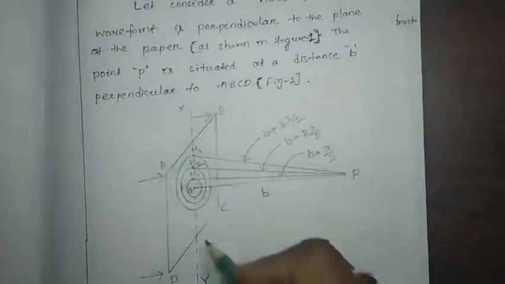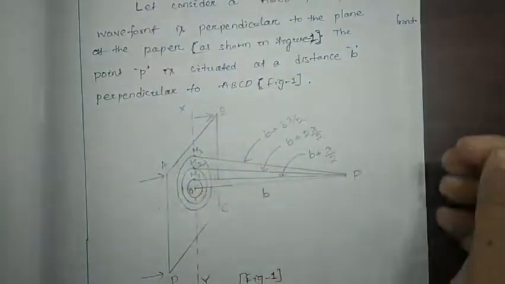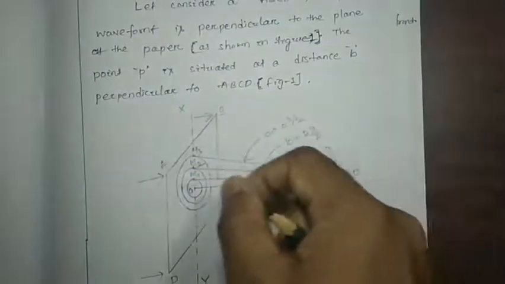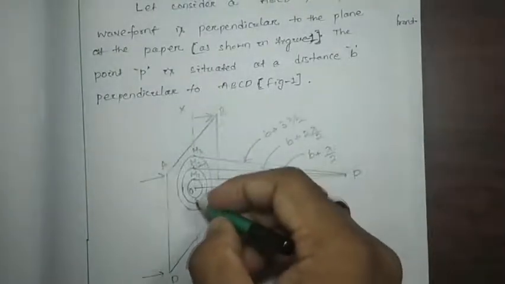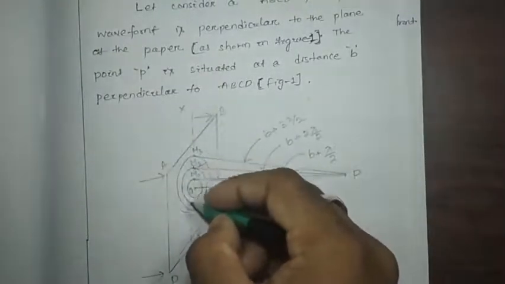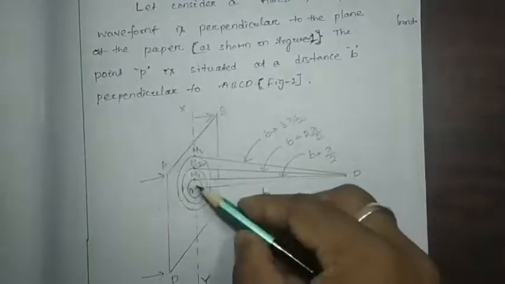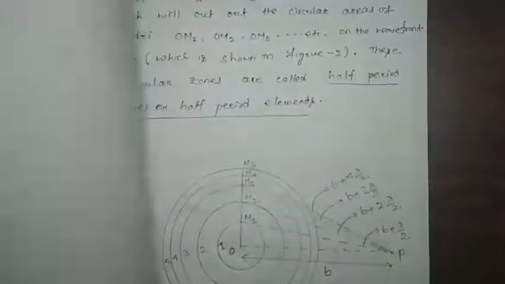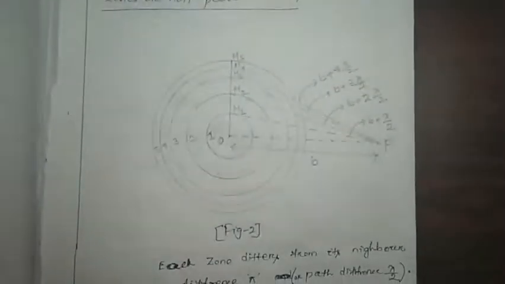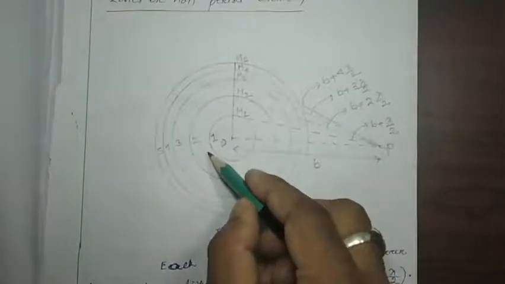If we imagine that sphere cutting this wavefront, then we are going to get this area. Each and every such area is called a Fresnel half period zone. This portion is the first half period zone.